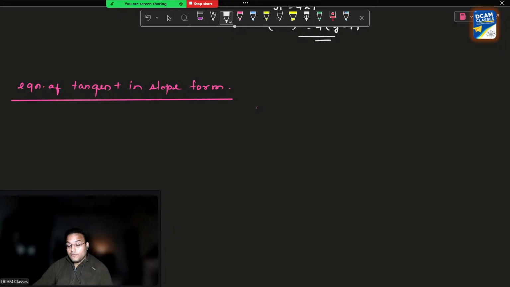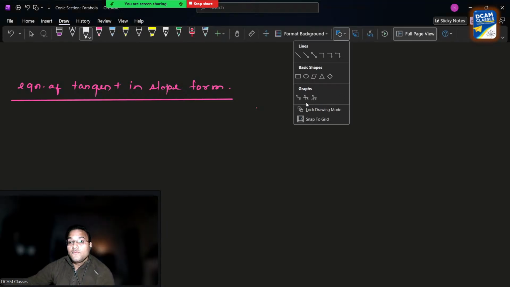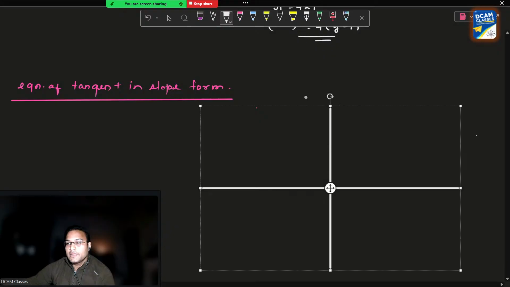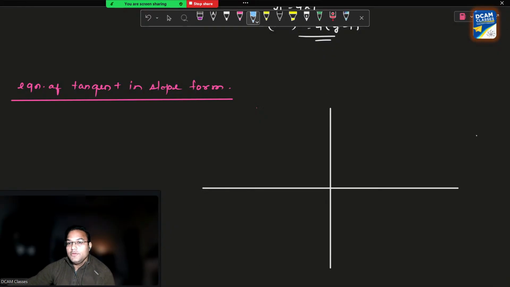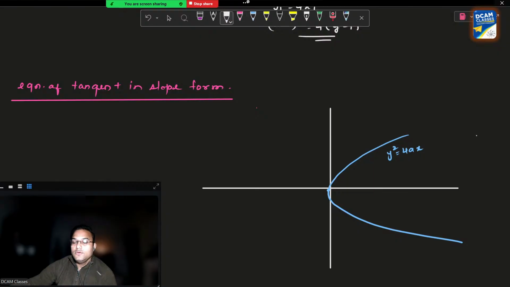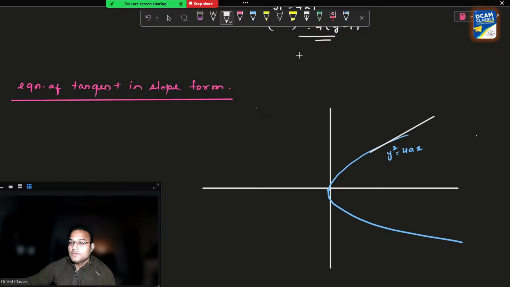Equation of tangent in slope form. See why this is helpful. When you have a parabola of this form, suppose y square is equal to 4ax, and you want to find out the equation of tangent to this y square is equal to 4ax with only one variable.